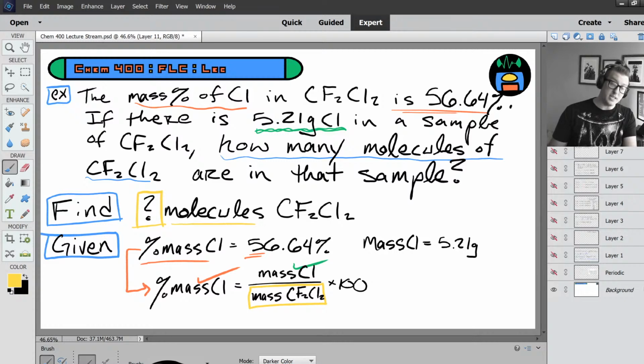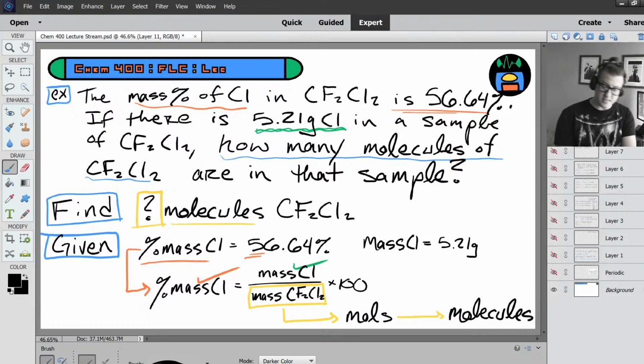The answer is totally. We can take a mass and convert that mass to moles. And then we can take our moles and convert them to molecules. That is something that we've done over and over.